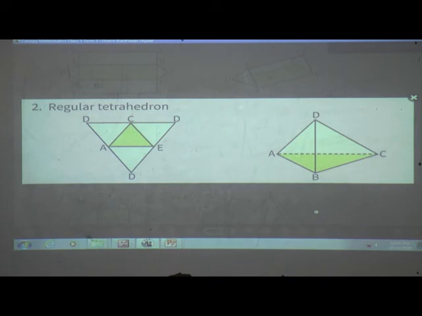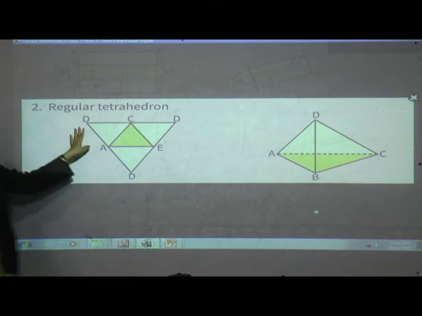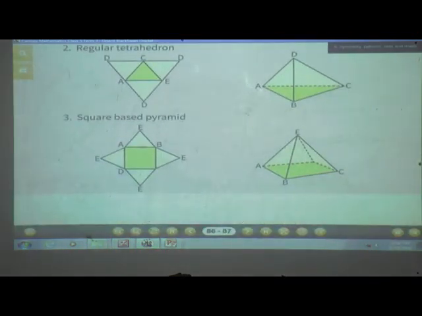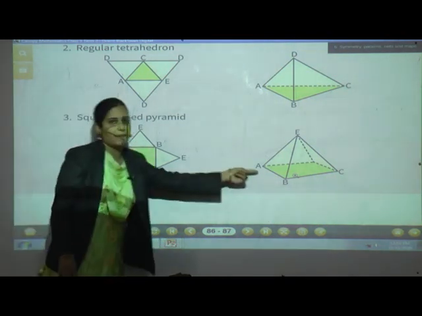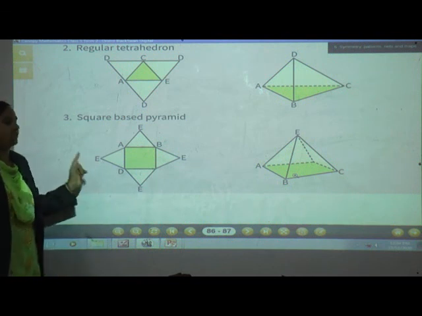That means when we unfold this figure, we will get this net. Next, a square based pyramid. This is a pyramid shape and this one is a net of the pyramid.